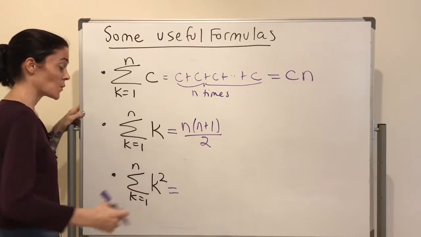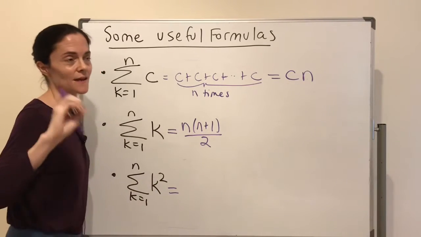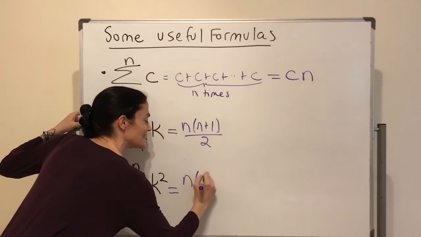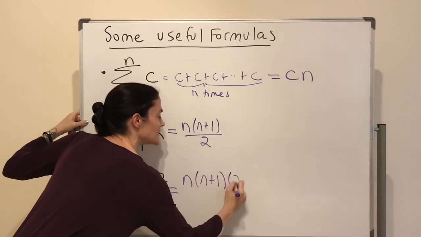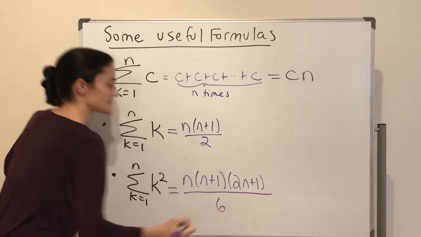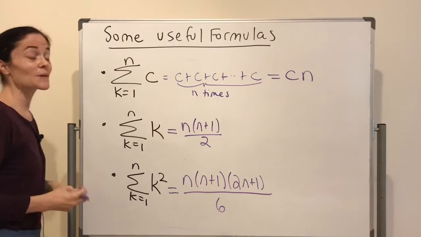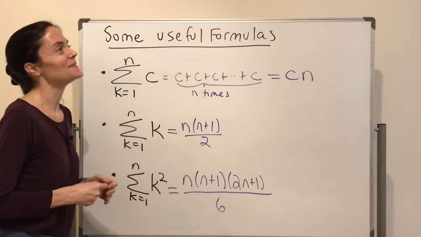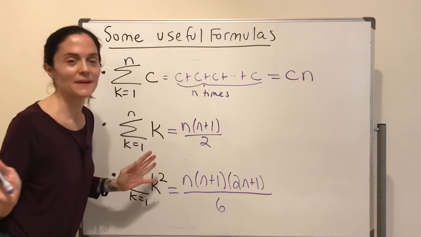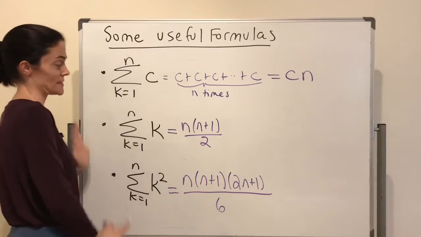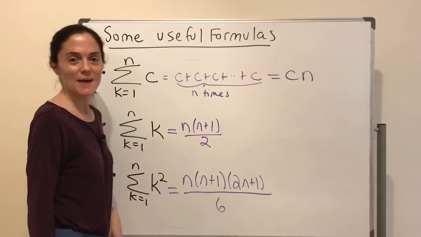And in this one, we add the squares of the first n integers. We get n plus 1, 2n plus 1 divided by 6. Okay? So like I mentioned, these are formulas that you can prove by induction, but induction is not a topic of Calculus 1. So we will use these. And let's do an example now.